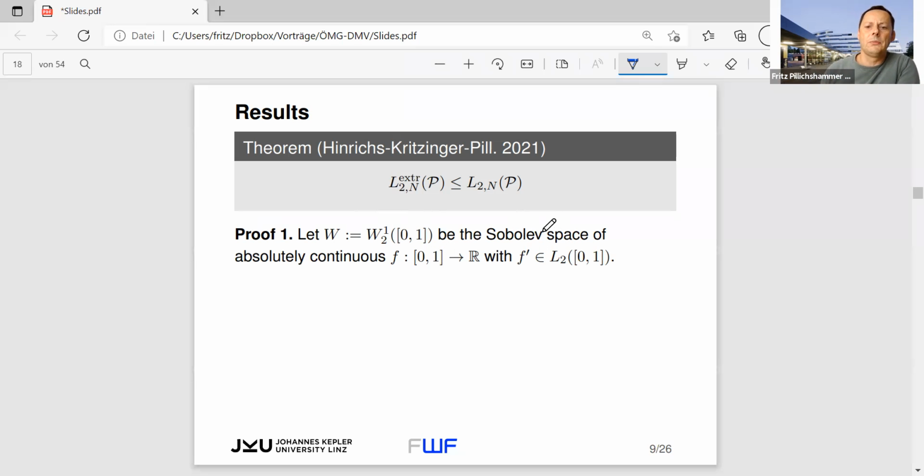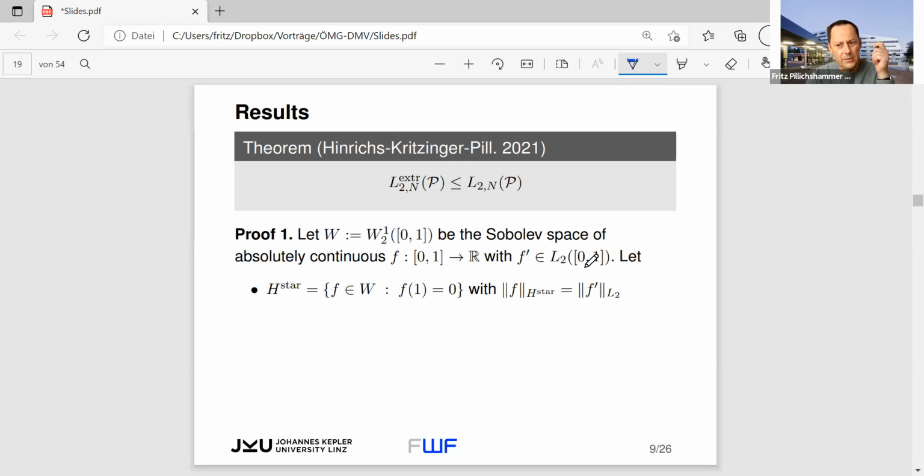We use the Sobolev space W of absolutely continuous functions f from the unit interval to the reals with first derivative in L2. And we now study two subclasses of this Sobolev space. The first subclass is the class H star, consisting of all functions from W that vanish in 1.